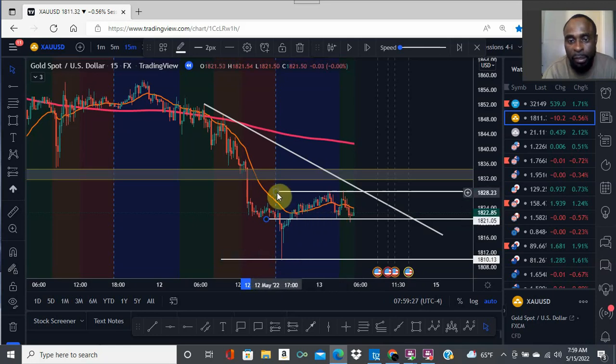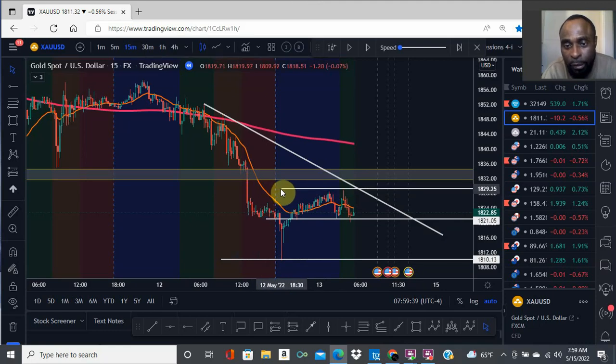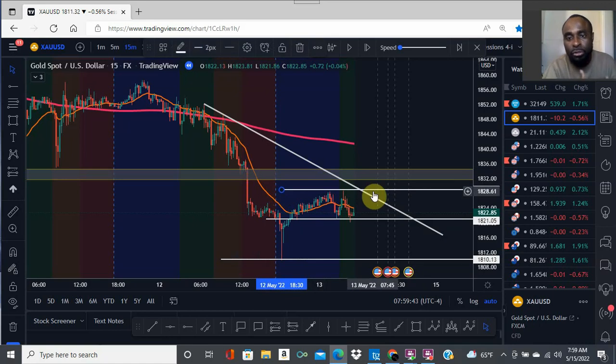Here I will put a buy stop above this area, if price goes above it and continues up, and depending on how strong it is, I'll determine how long I want to stay in the trade. I will probably do a Fibonacci and see where the golden zone is, as we like to say, the sweet spot.